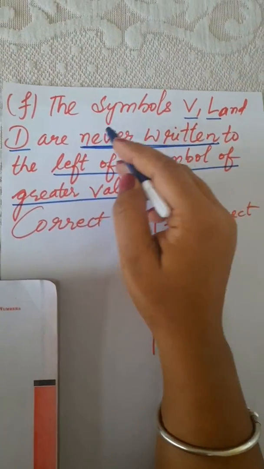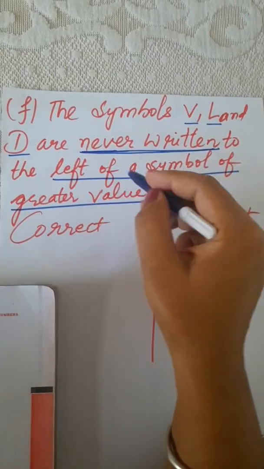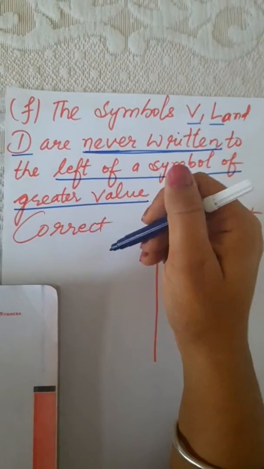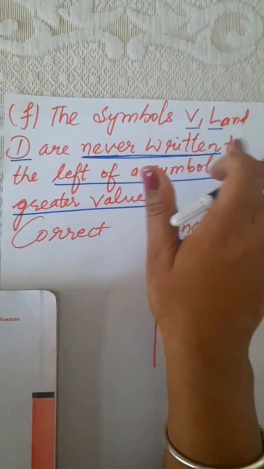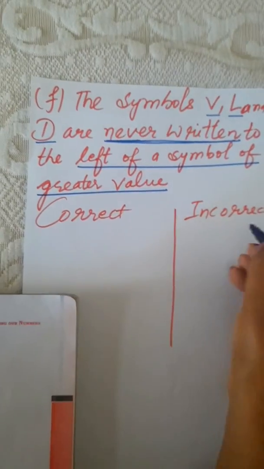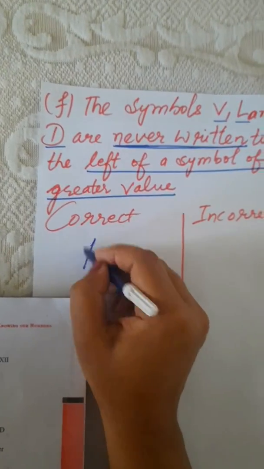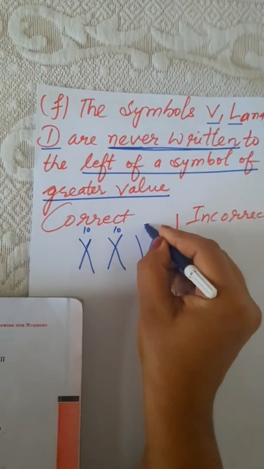Now the F part is, the symbols V, L and D are never written to the left of a symbol of a greater value. If the value written is greater than this V, then this V can never be written to the left of a symbol of the greater value. Suppose I have this X, V. This is 10 and 5.